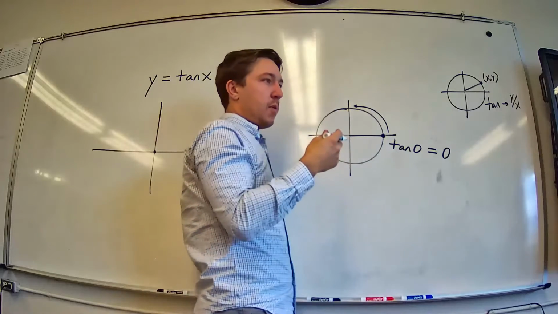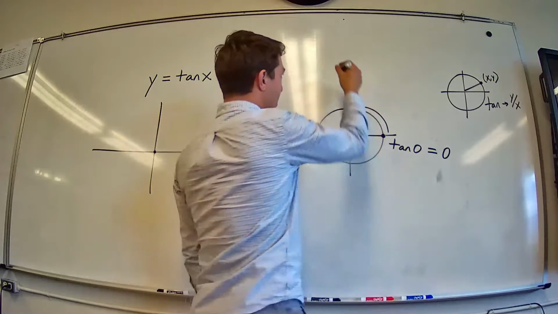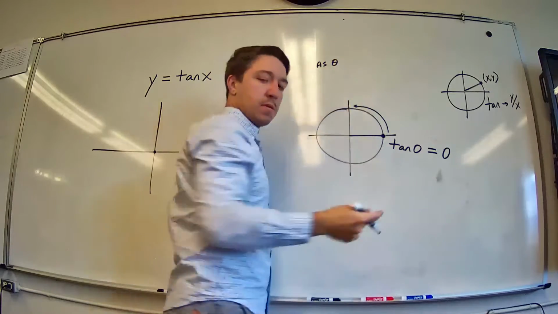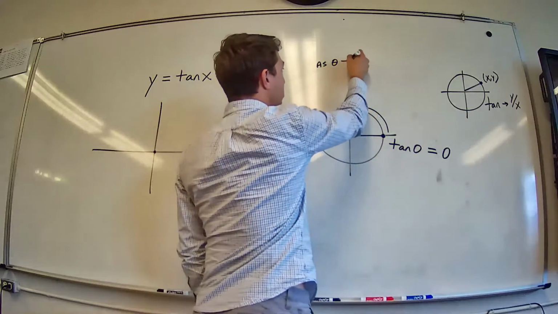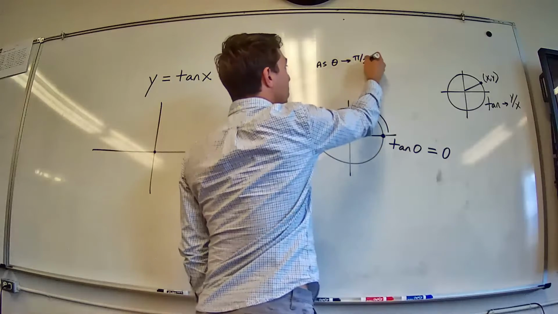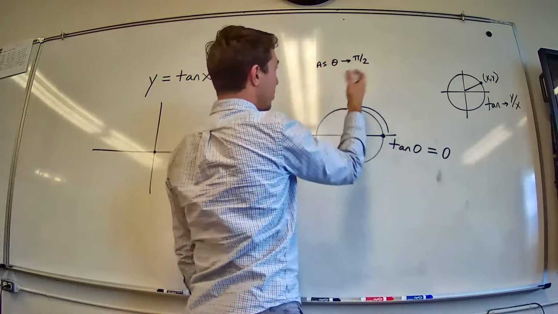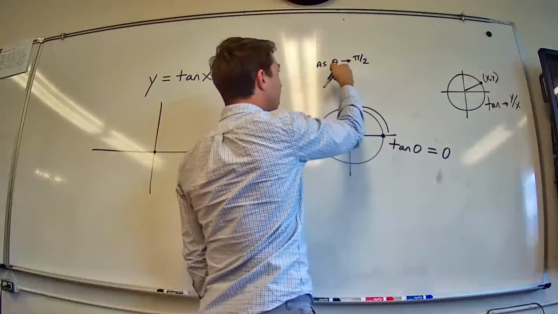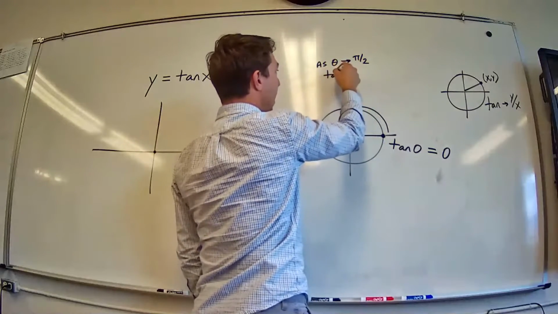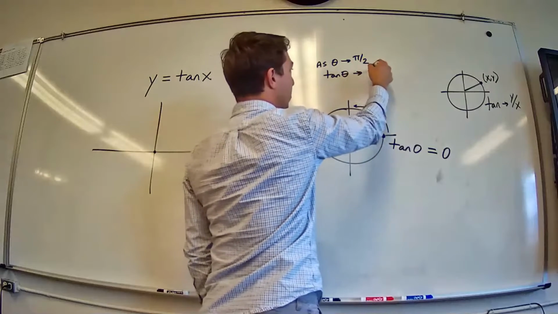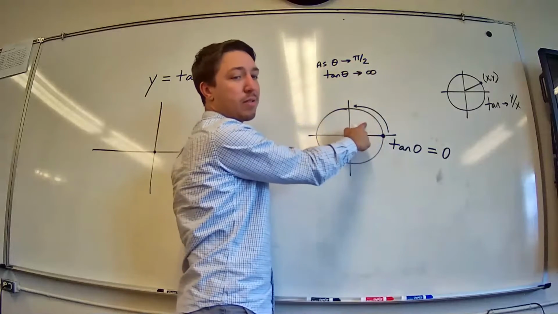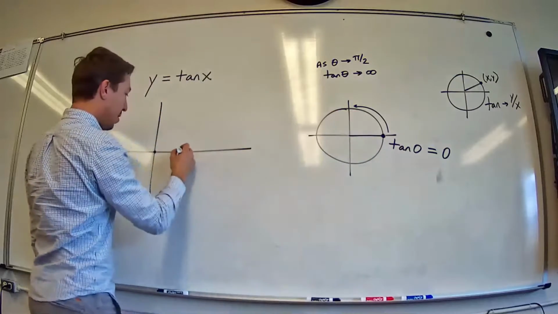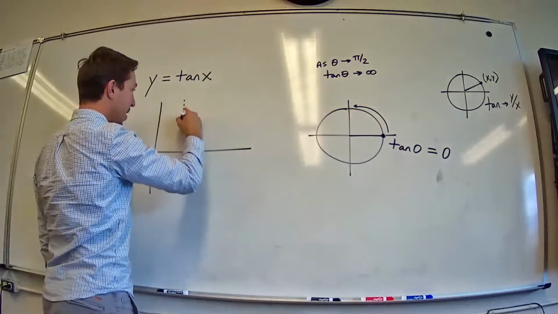If you want to be really precise, you might write a statement like, as your angle approaches pi over 2 from the left, as theta gets close to pi over 2, the tangent of theta is getting really big, at least in this quadrant, right? Does that make sense? So what that tells me is that pi over 2 is going to be an asymptote.